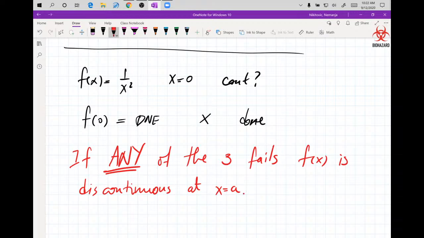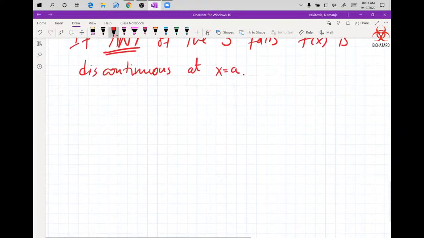So only if all three pass, you have continuity. If one of them fails, any one of them, it's immediately discontinuous. And now we can actually see how all of these three affect the graph.